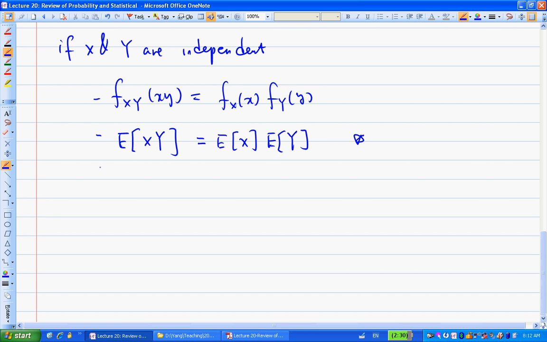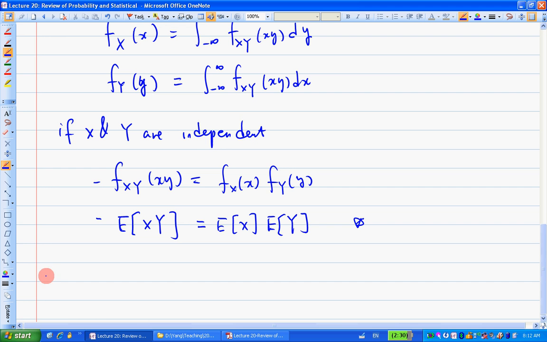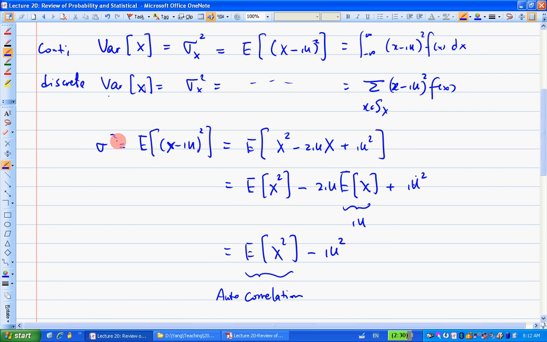There are some other things, such as the distribution and the cumulative function, but the one I want to cover here is called covariance. Joint probability, covariance. For a single variable, this is the variance.